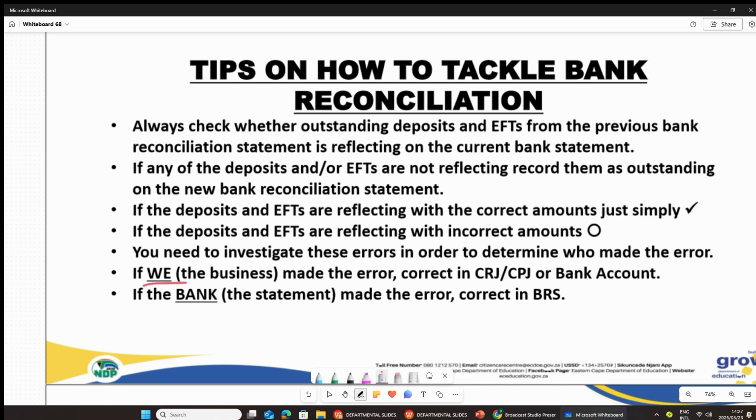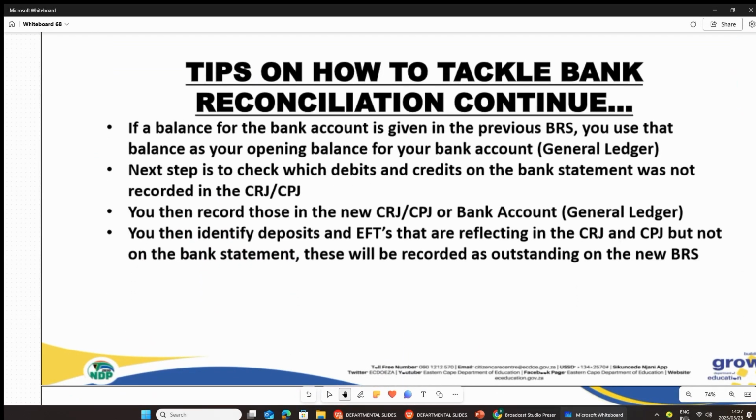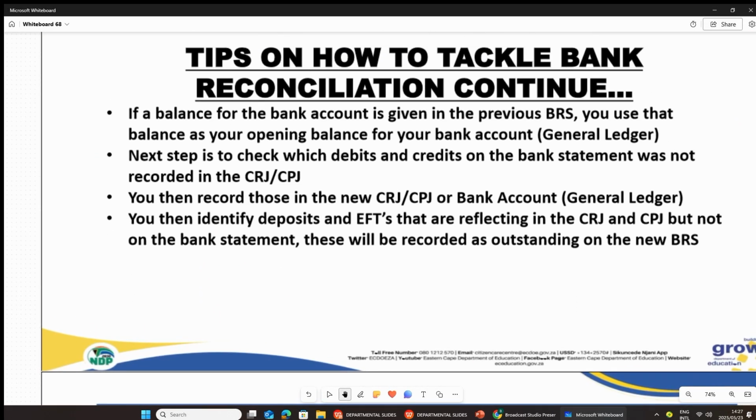If we as the business made the error, very important, we correct those errors normally in our CRJ, CPJ, that's our cash receipt journal, cash payment journal, or in our bank account. When I say bank account, I'm talking about our T accounts. If the bank or the statement made the error, then we correct this normally in our bank reconciliation for our new month. Now we'll also be giving you tips on how to tackle bank reconciliation overall.